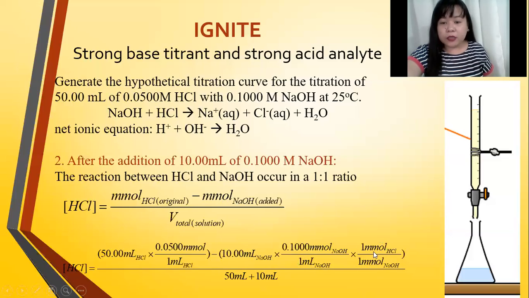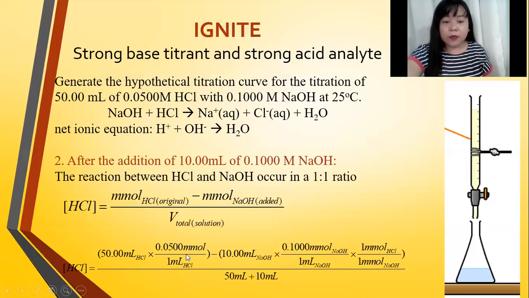And then we convert the number of millimoles of NaOH into the number of millimoles HCl. So this will cancel out and we will be left with millimoles HCl. So we can subtract this term and this term.